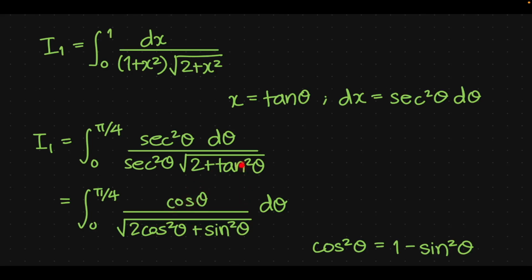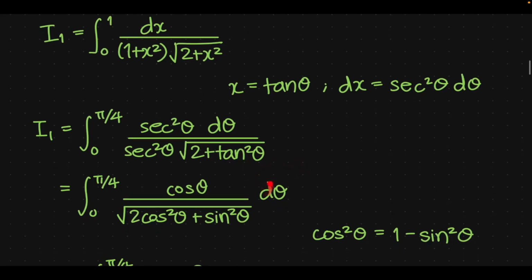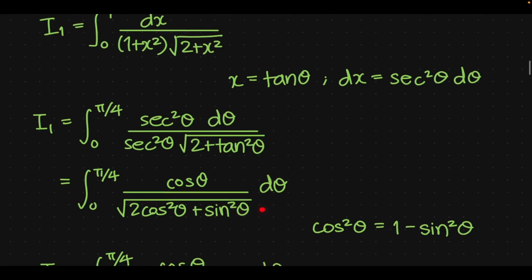This is just a little algebraic manipulation of a fraction, sine squared theta over cosine squared theta inside a radical in the denominator. I'm skipping that step. It's quite straightforward. There's nothing tricky or really obscure going on here. So we have cosine theta over 2 cosine squared theta plus sine squared theta.